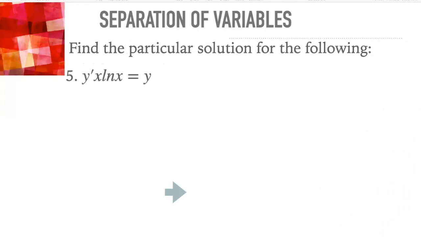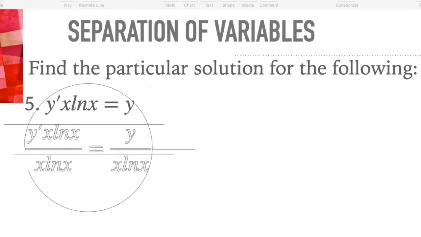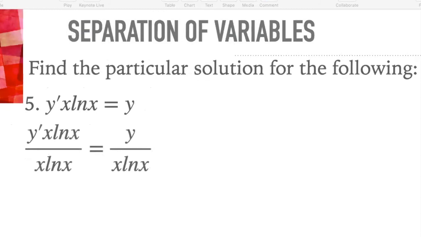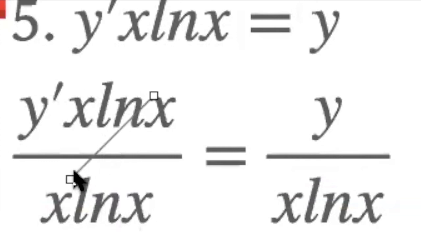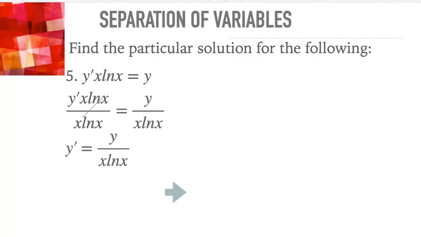We're going to find the particular solution for the function y prime x ln x equals y. So what we are going to do is divide both sides by x ln x, and the x ln x both cancel. So we're left with y prime equals y over x ln x.